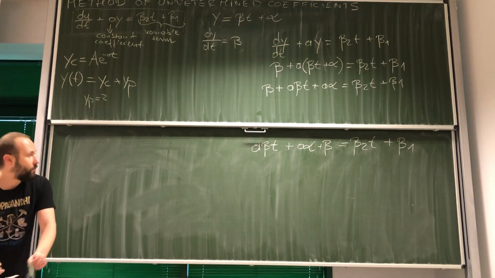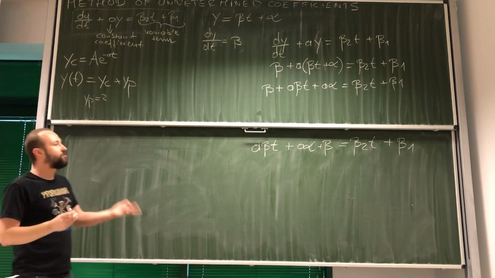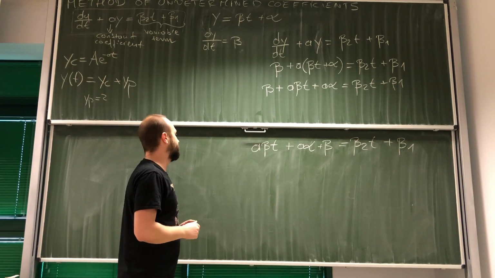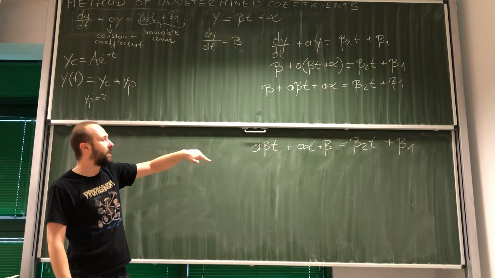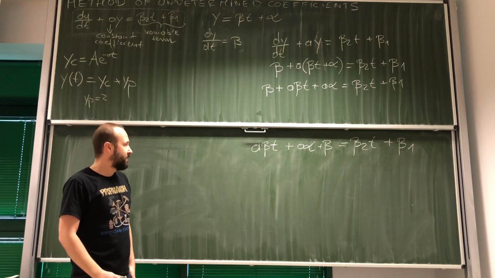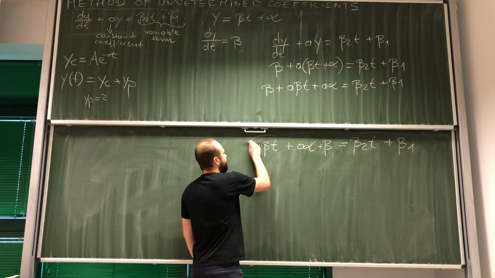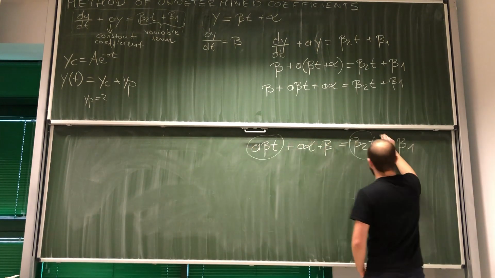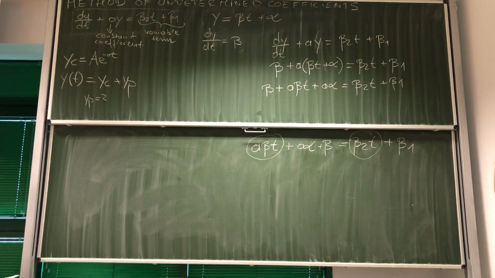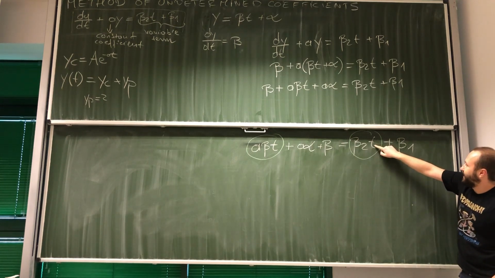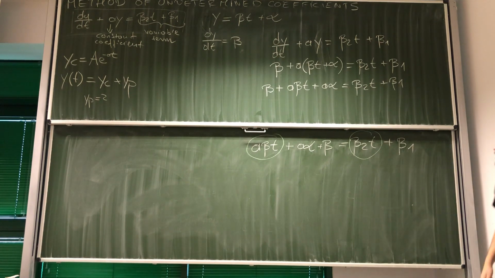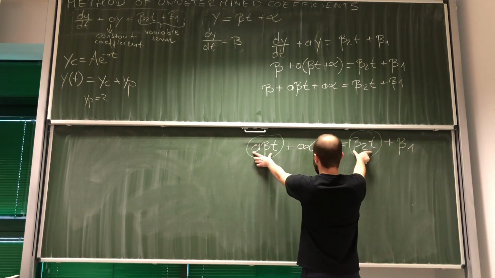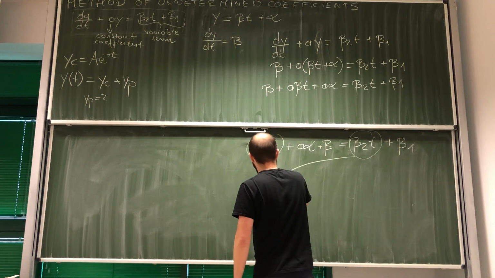Okay, now we will see why we call this the method of undetermined coefficients. Because all we're actually going to do is to establish the value of the coefficients we've got here. We clearly see that this expression and this expression exhibit some common features. What are those features? Well, t is in the first power in both of these expressions. So the only thing we need to compare now are those two terms.